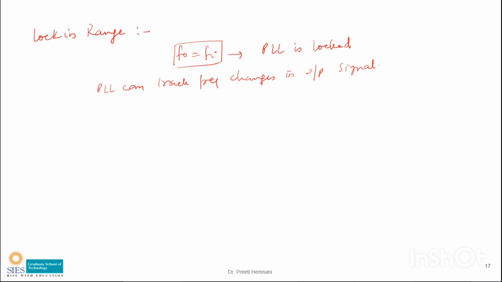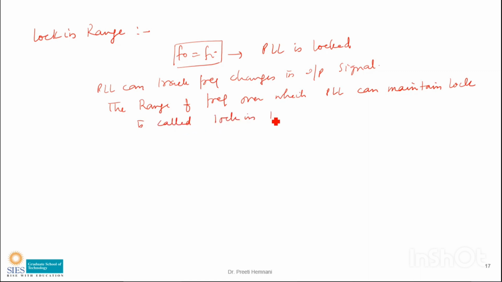The range to which it can track, over which the PLL can maintain lock, is called the lock-in range. It is defined as the percentage of change in frequency upon f naught, where f naught is the locked frequency.